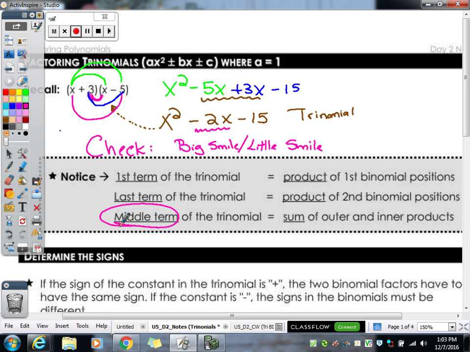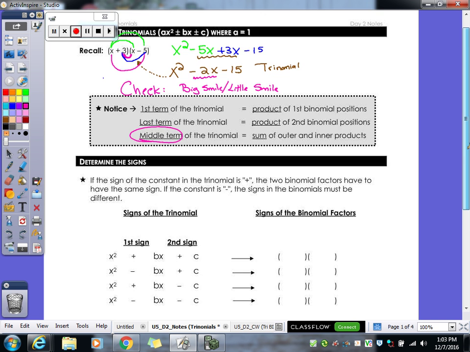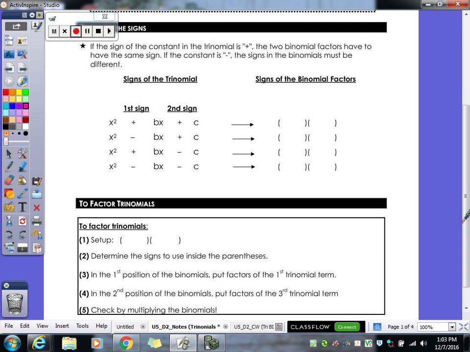All right, so we made this little chart here. The first thing we have to do when we factor is figure out what the signs are going to be. So when I factor a trinomial, I always have two sets of parentheses. These are some generic forms of trinomials that have letters in them, not numbers.